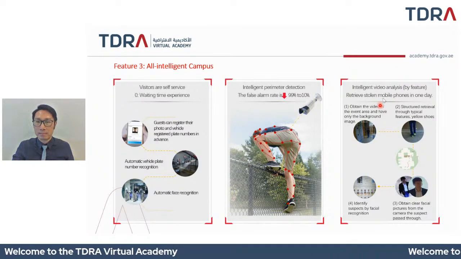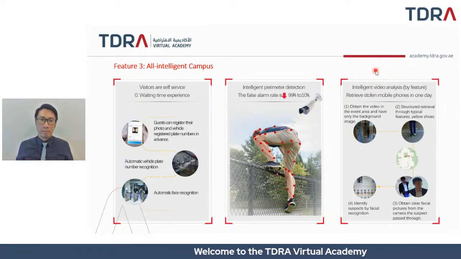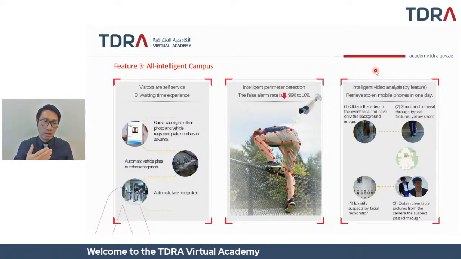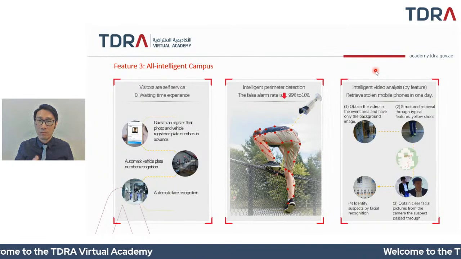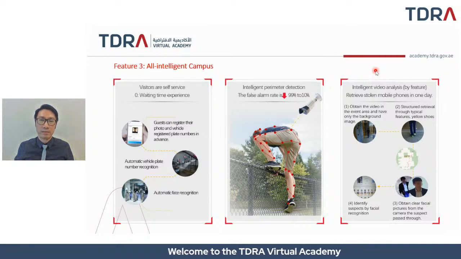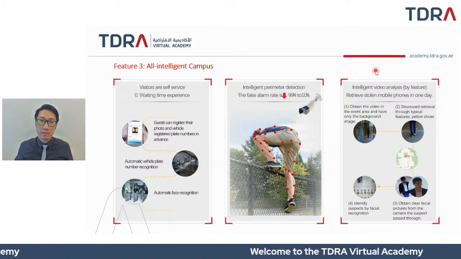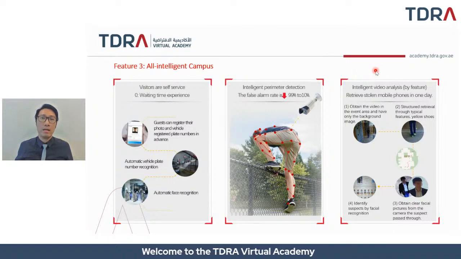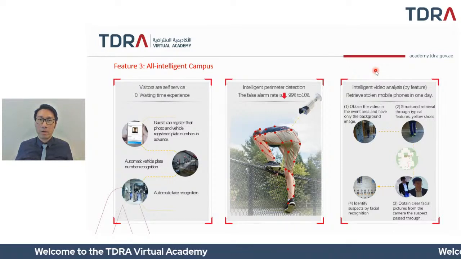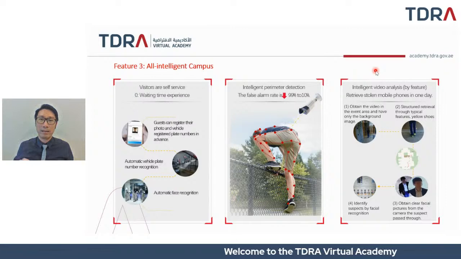And next would be intelligent video analysis. In the traditional way, we need to play back the surveillance video to find, for example, the suspect, right? And this is a very time-consuming process. Because imagine if you have 1,000 hours of video to play back, then you need to watch the video for 1,000 hours. It will take a long time. So how about you have an AI system that can analyze the video and help you find the person or the object you want?